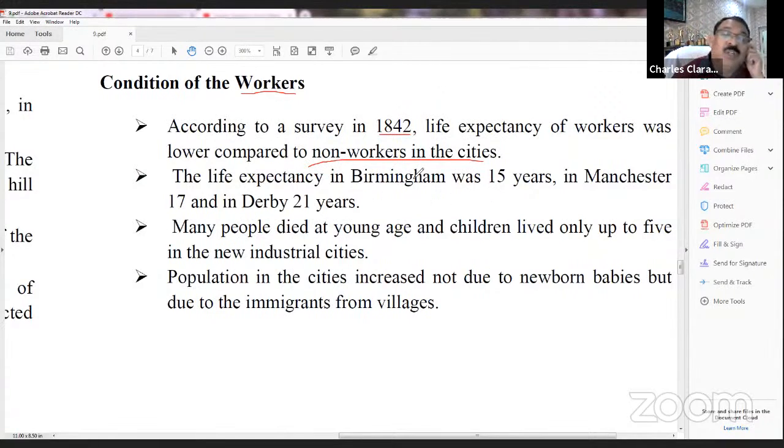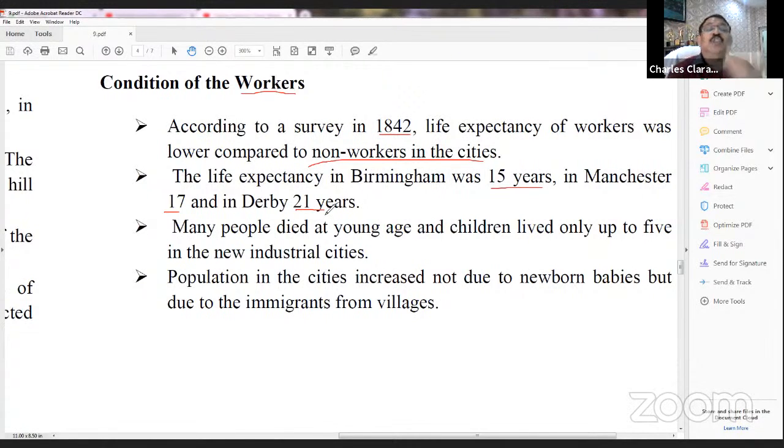Life expectancy, that means how long they will live, in Birmingham was 15 years, in Manchester 17, and in Derby 21 years. Sad. People were dying so young.